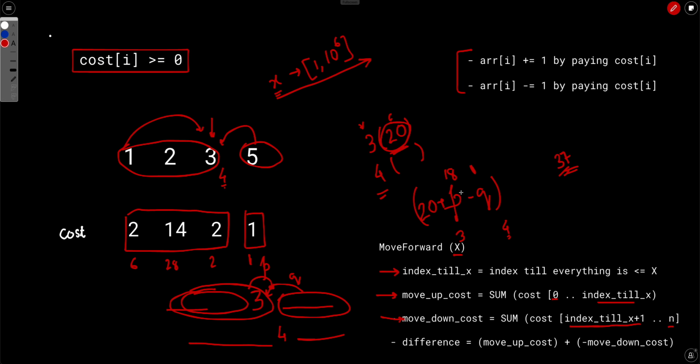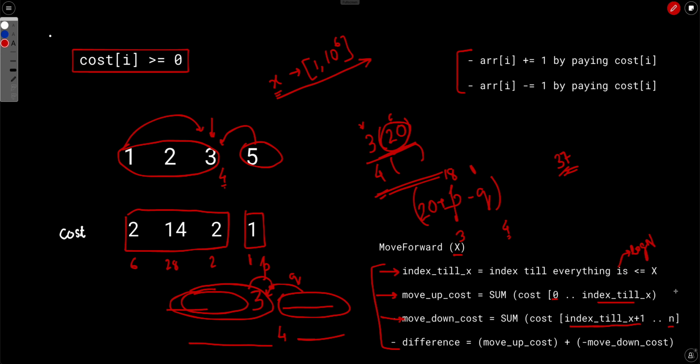So what we are trying to find now, we have said that we already calculated some x, and we know how to move from x to x plus 1 with this set of operations. And if you have noticed, all this set of operations can be done in log n time very easily. So the index till x is just a binary search. You can do it in log n time, right? And next thing is move up cost.